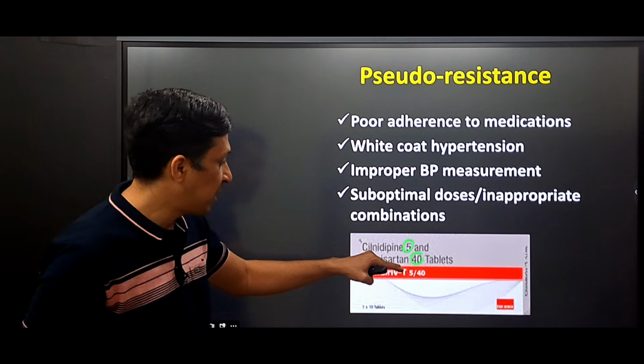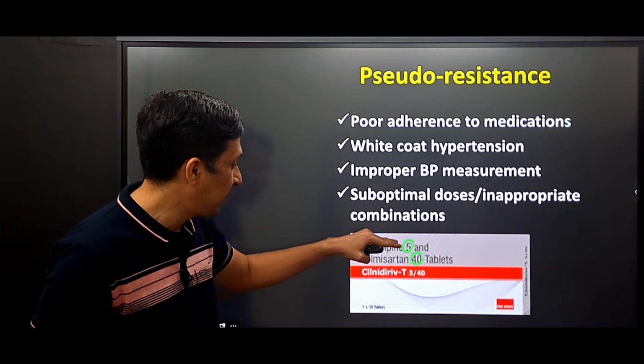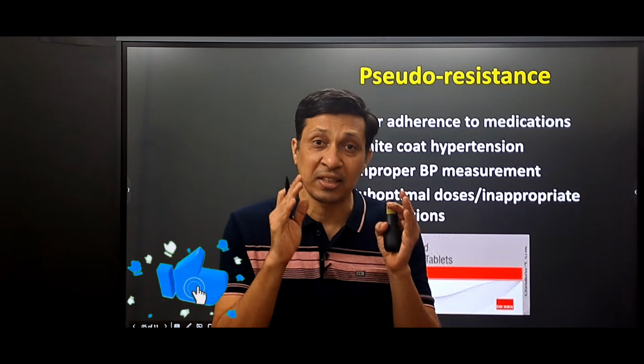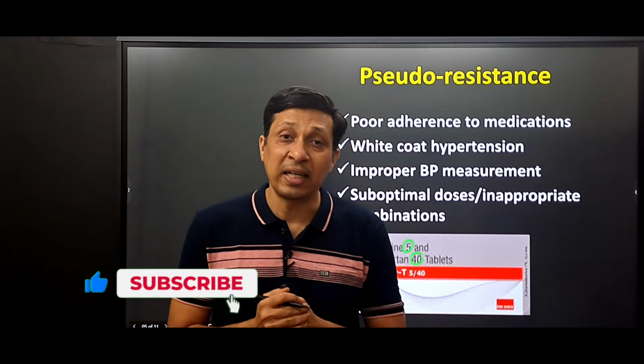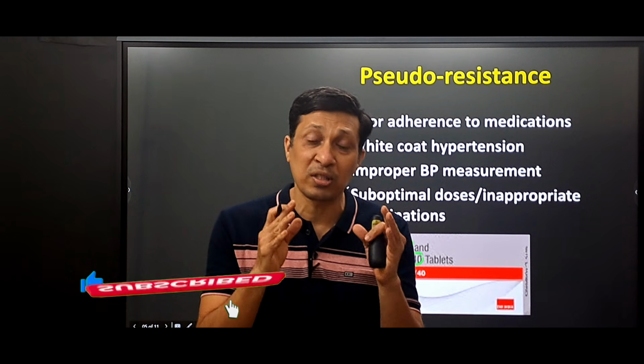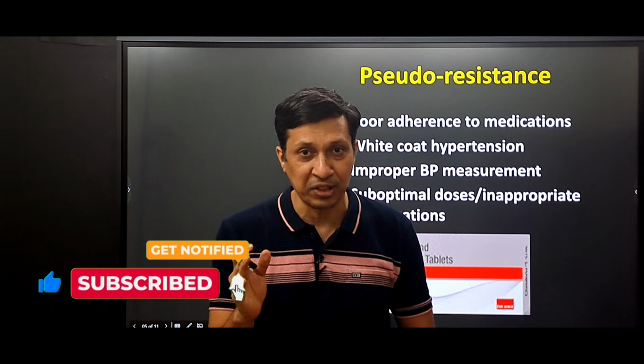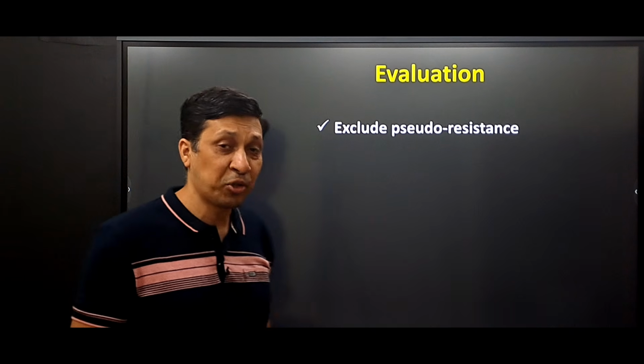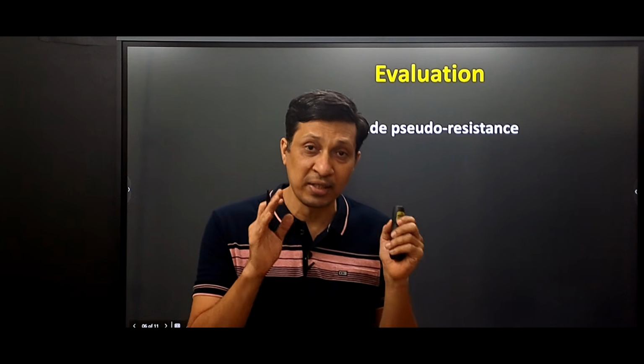So the telmisartan dose is optimal, but the cilnidipine dose is still not optimal. If the patient is taking such a combination, then it can also lead to a false diagnosis of resistant hypertension.